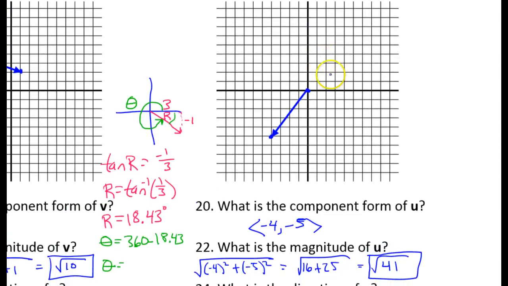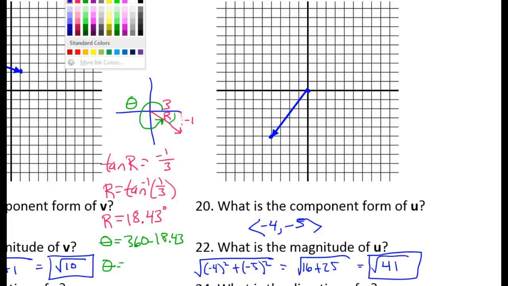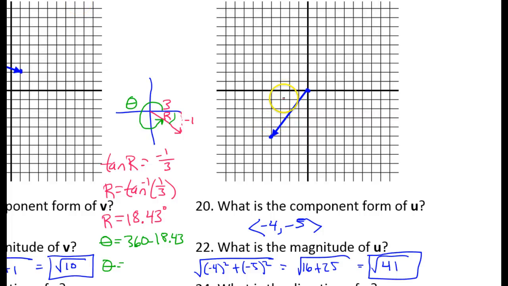All right, what is the direction of u? So vector u is already sketched at the origin, so I can just use that picture. So again, the reference angle is right here. Let me draw a little sketch. So I should be able to find the value of the reference angle by doing the tangent of the reference angle. This is left 4 and down 5.